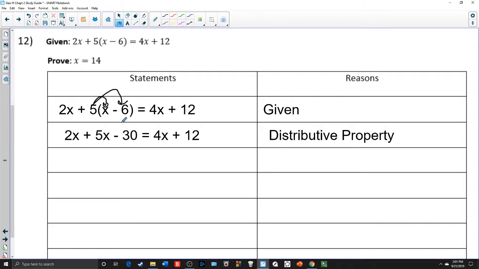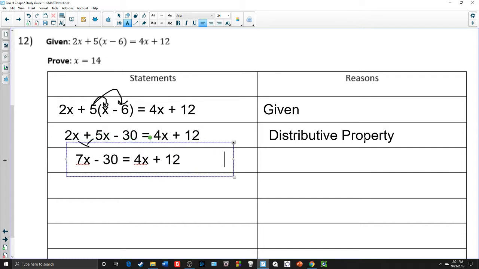And then what do we do? Well, for me, I would combine my like terms. So I would get 7x minus 30 equals 4x plus 12. And the reasoning for that would be simply simplify. If you want to say combining like terms as your reason, that'd be fine too.